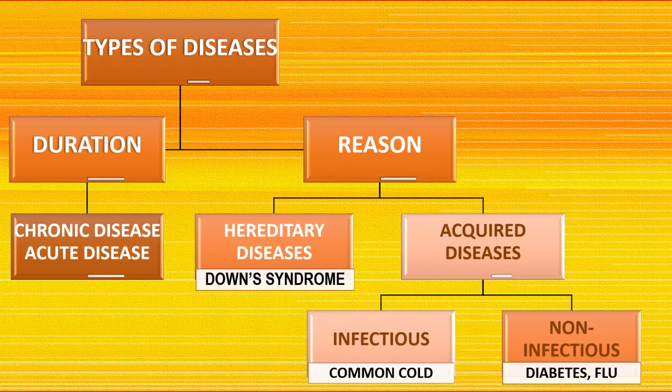Acquired diseases are those which we get from the environment or due to our lifestyle. Those could be infectious, like we get a common cold or a fever from someone, or it can be non-infectious, that is diabetes and flu.